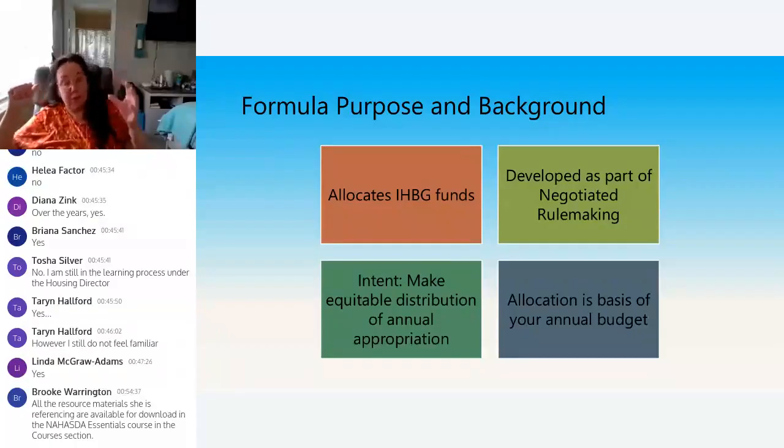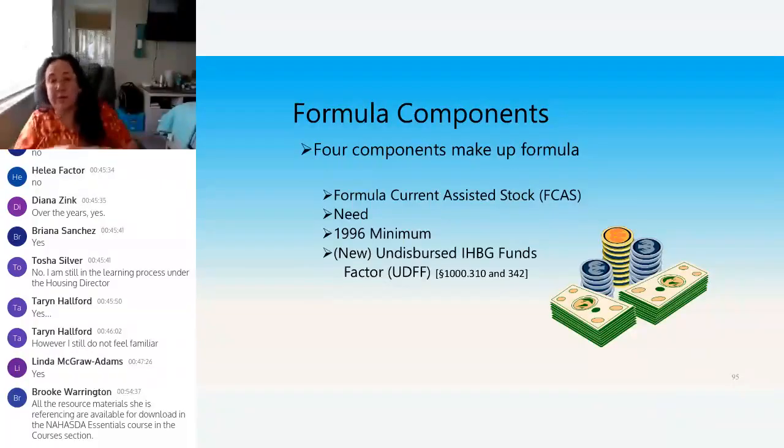The intent is to make sure that we have an equitable distribution of our annual appropriations, and that allocation is the basis of your yearly budget. The 4 components: the FCAS, your formula current assisted stock, the need portion, the 1996 minimum, and the undispersed IHBG funds factor, which you can read about at 1000.310 and 342.